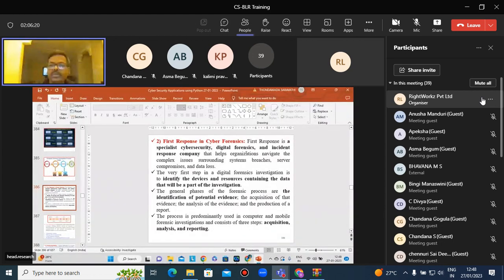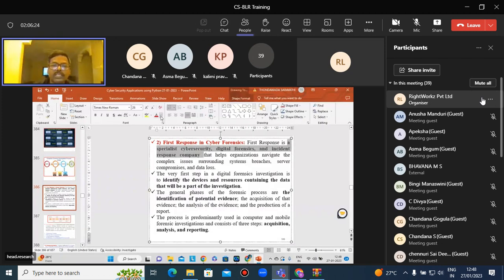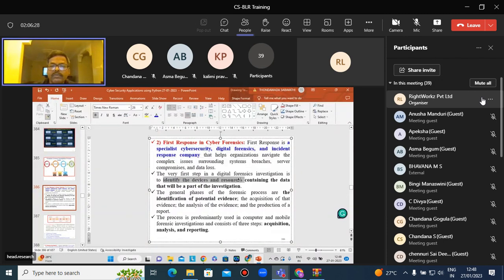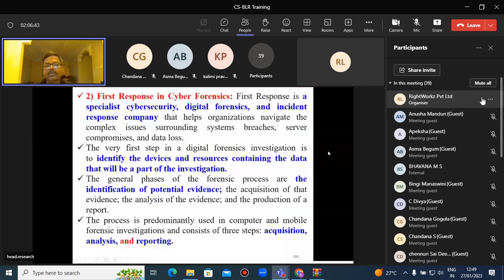So you need to know it. This is a cyber forensic important point. You can call it identify. These steps are very, very important.